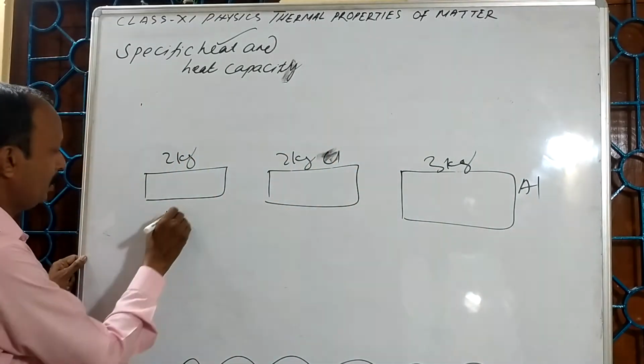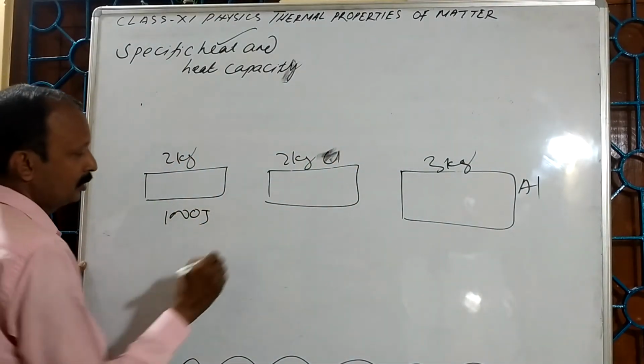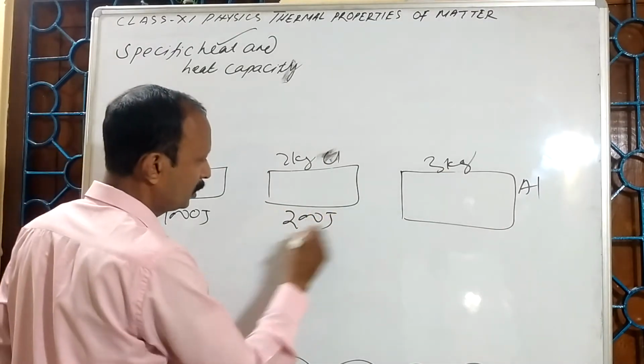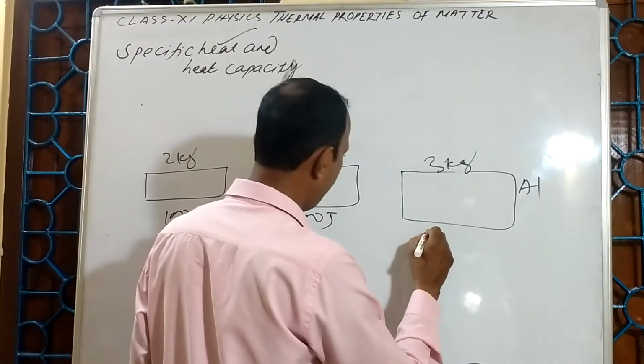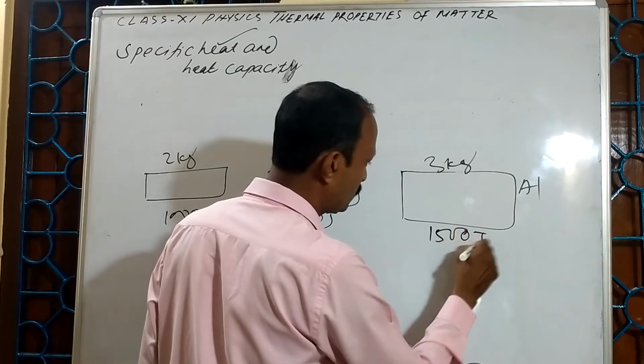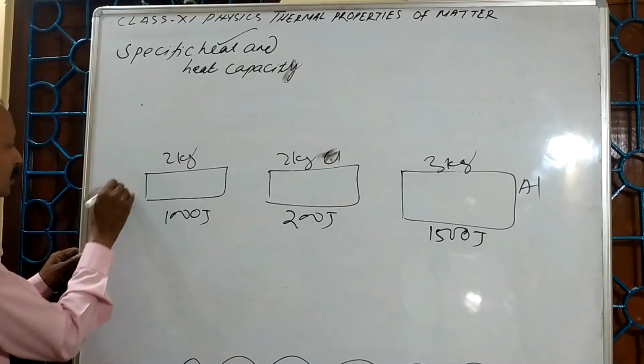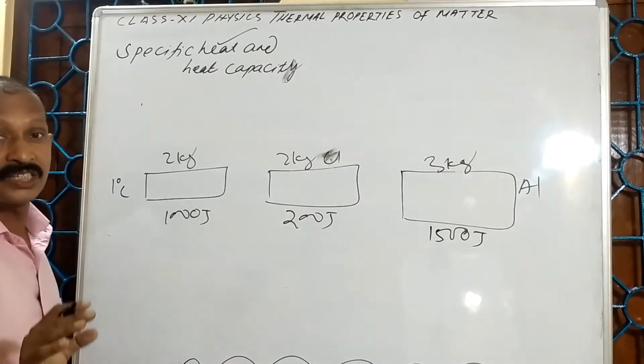I provided here 1000 joule, here I provided 2000 joule, here I provided 1500 joule to raise its temperature 1 degree Celsius.